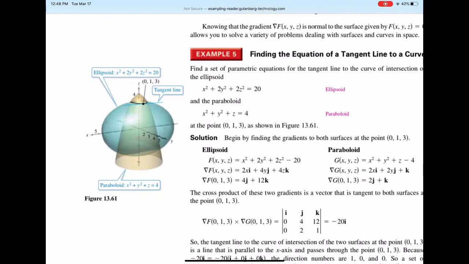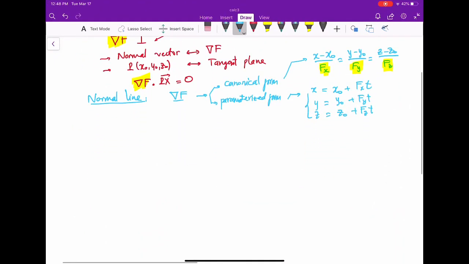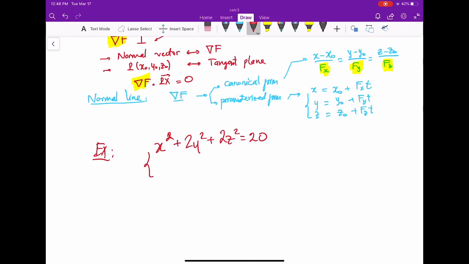Okay, so if you have one surface x squared plus 2y squared plus 2z squared equal to 20, and another surface x squared plus y squared plus z equal to 4.